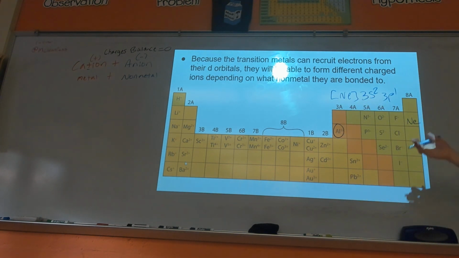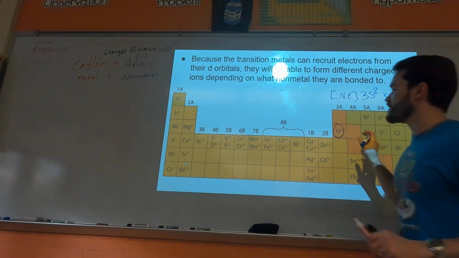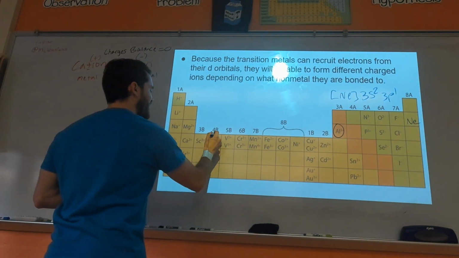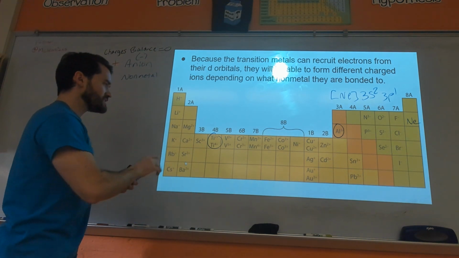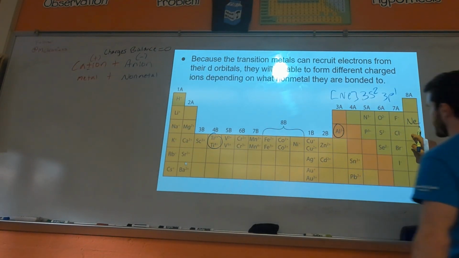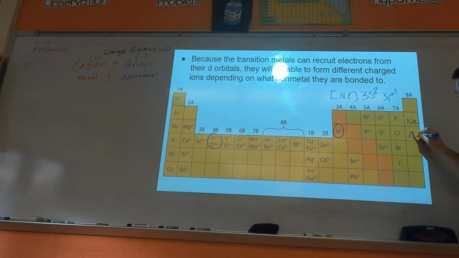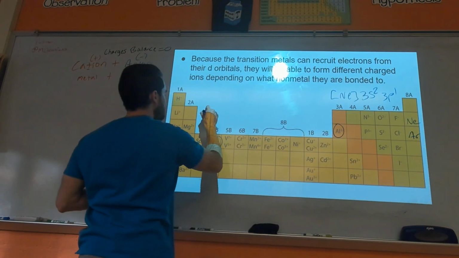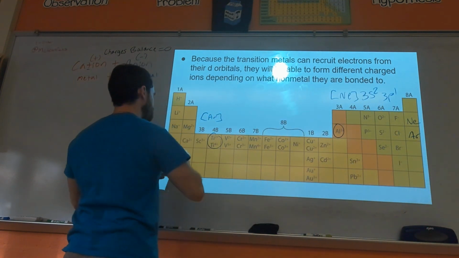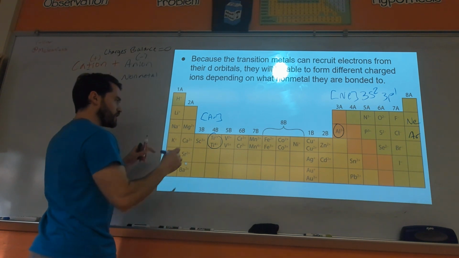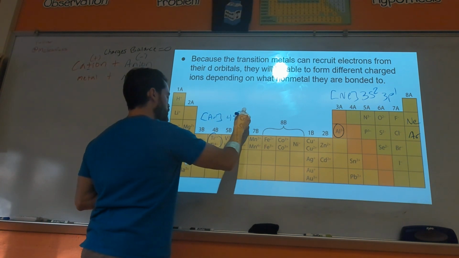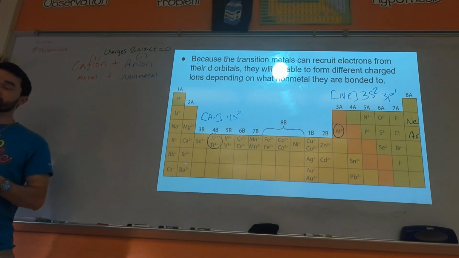You don't have to know electron configuration for this, but what I'm getting at is if you did the electron configuration for, say, titanium, the nearest noble gas is argon. So you could say brackets argon, and then you go here 4s2, but then something weird happens.